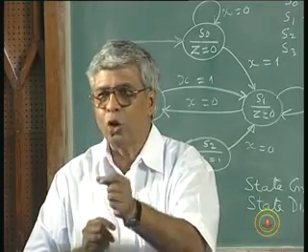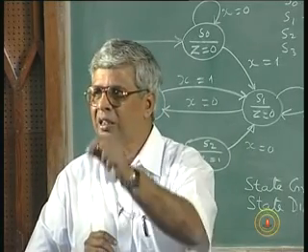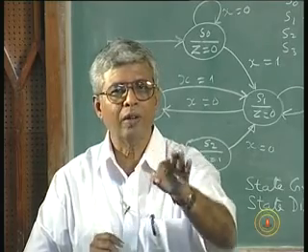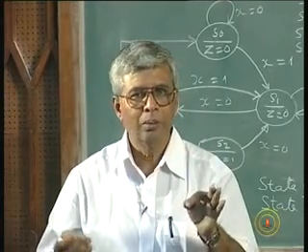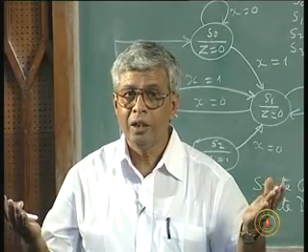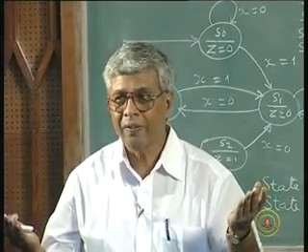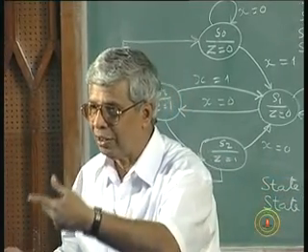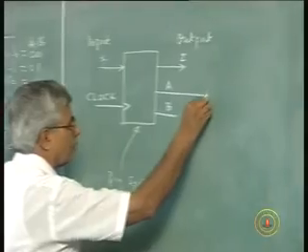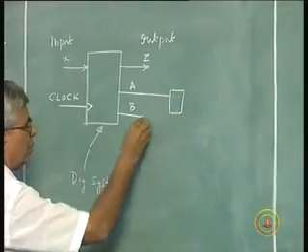That means I need to store the value of A and B in what? In what do you store the values? Bits are stored in flip-flops. I need two flip-flops to store the value of A and B. So I have an A flip-flop and a B flip-flop.